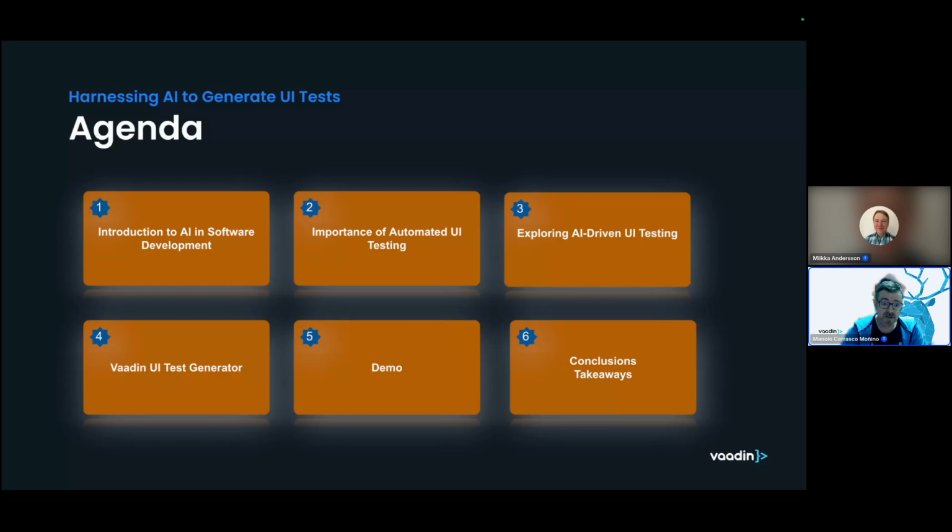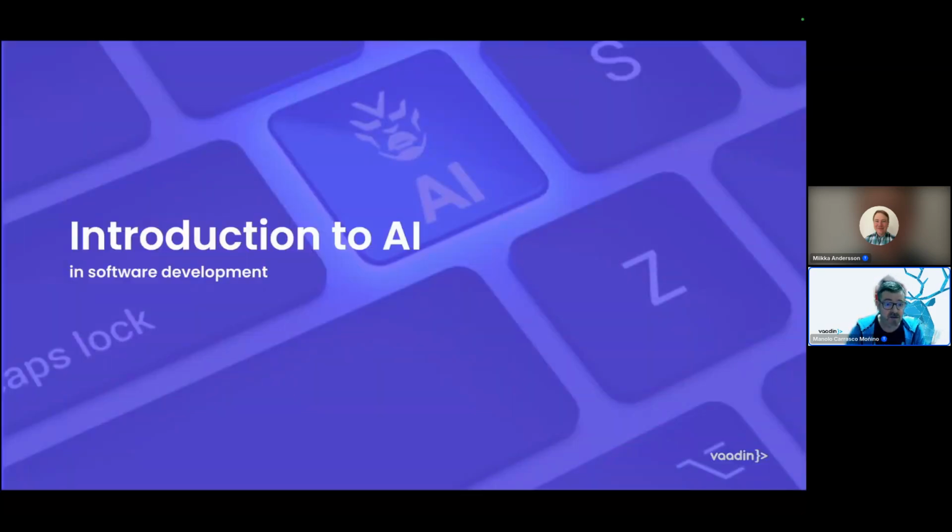And after that, I will introduce the Vaadin UI Test Generator, a prototype that we are developing in a multinational research project named Smart Delta. And there will be some demonstrations. I will go as fast as I can because we have limited time. And some final thoughts. So let's start with an introduction to AI in software development.